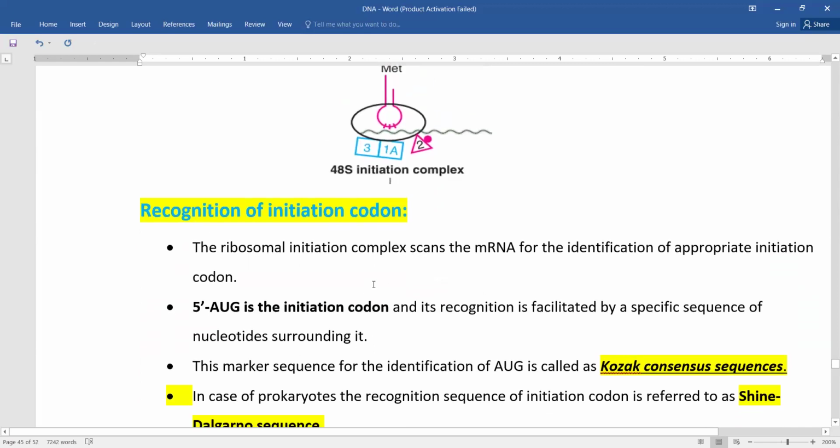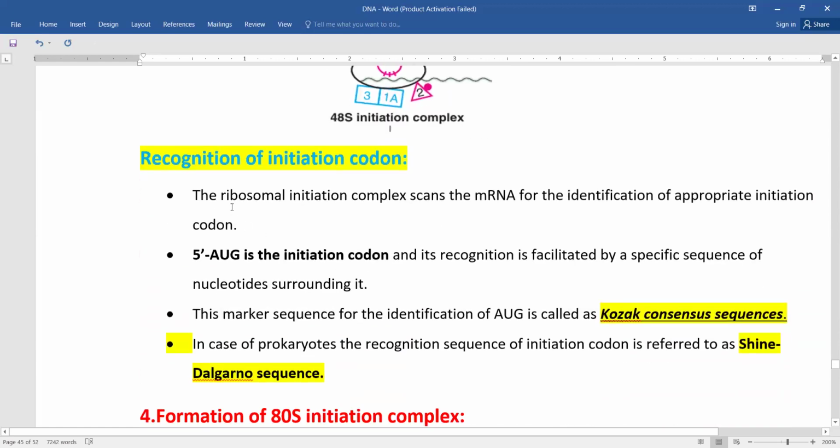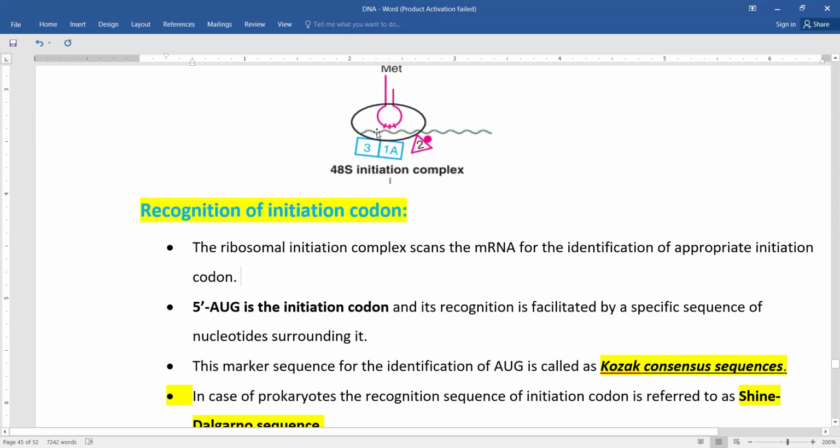Okay, so recognition of initiation codon. So now we have the 48S initiation complex. Next, how is the initiation codon recognized? Actually, ఈ smaller ribosome అనేది ఏంటి అంటే it contains many ribosomal RNA.